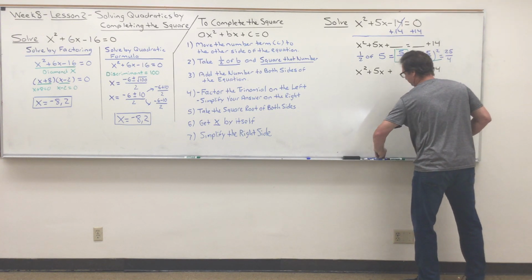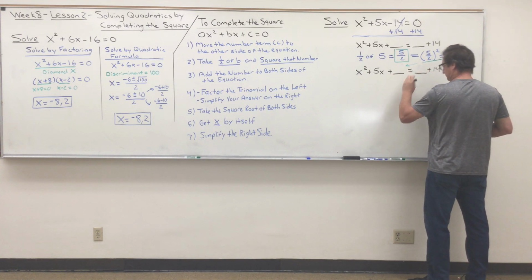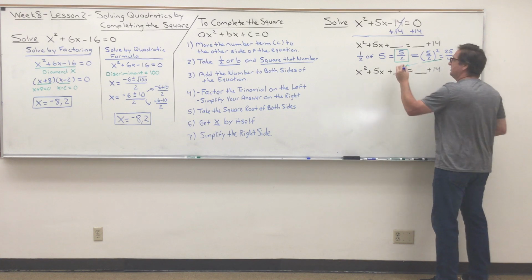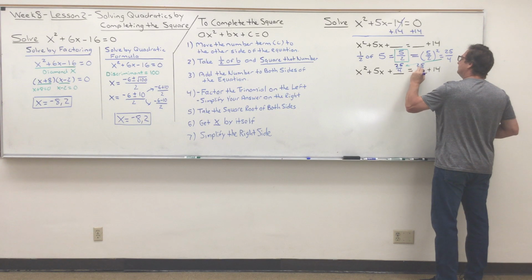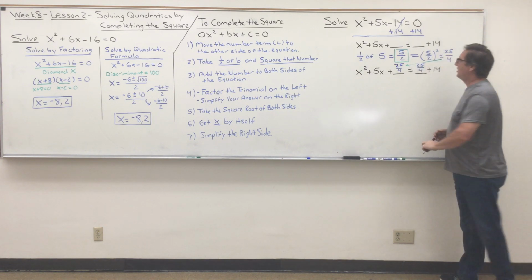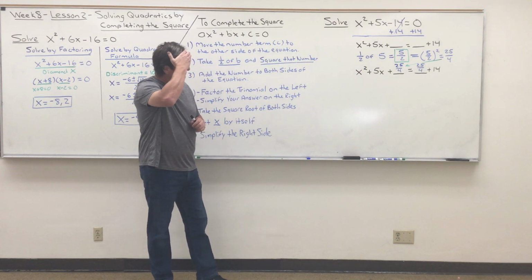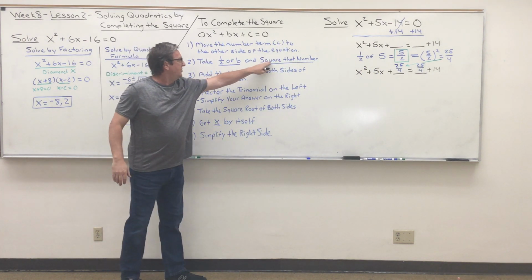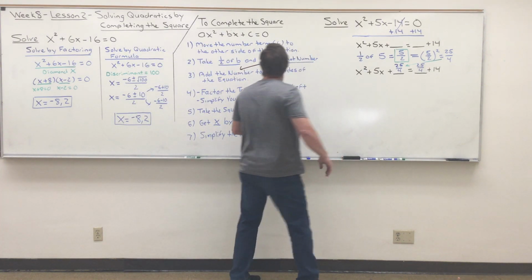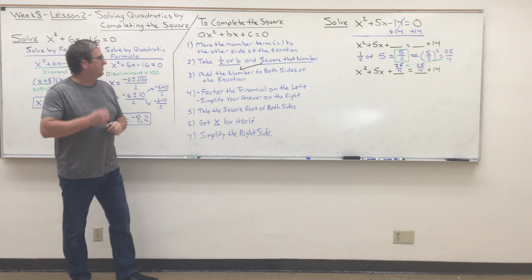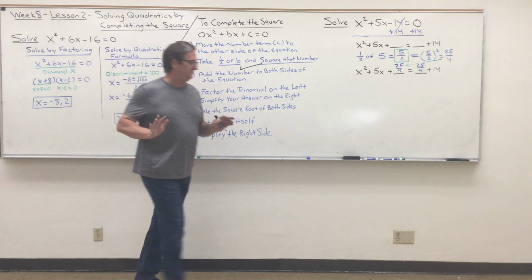And let me fix this up for you so we see how we've been doing it. 25 over 4. Add this number to both sides. Then you want to put an arrow into your original notes right there. Okay? All right, step 4, factor the trinomial.